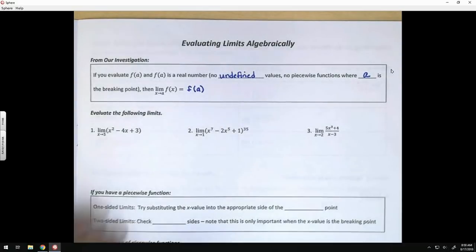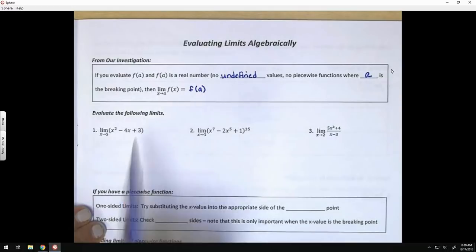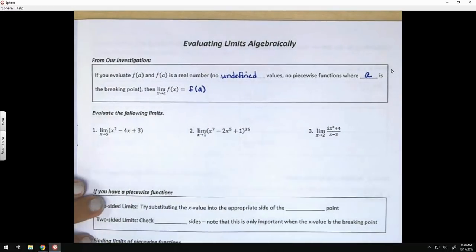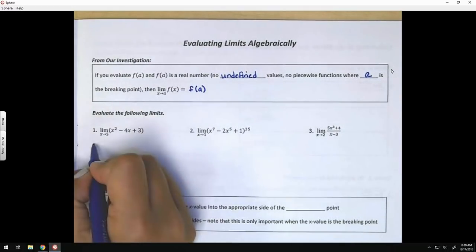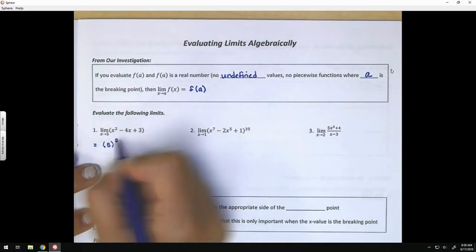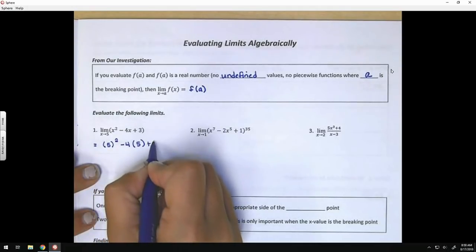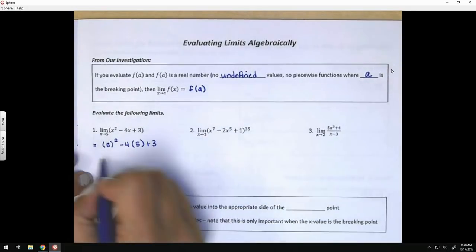So the limit as x approaches 5 of x squared minus 4x plus 3. To check to see if this is going to work for me, where I can just plug it in, I'm going to take the number 5 and substitute it into this function, which means I'm going to have 5 squared minus 4 times 5 plus 3.